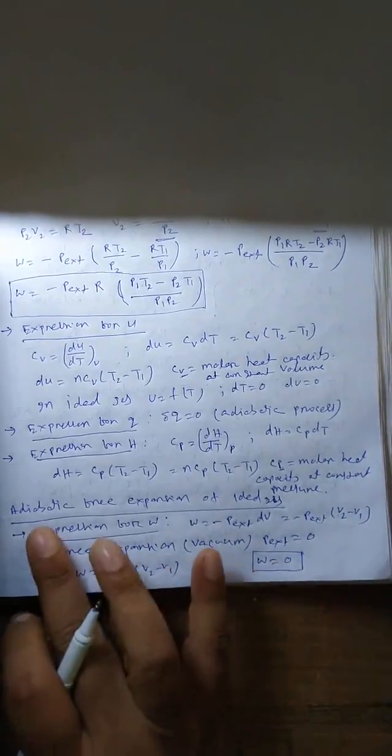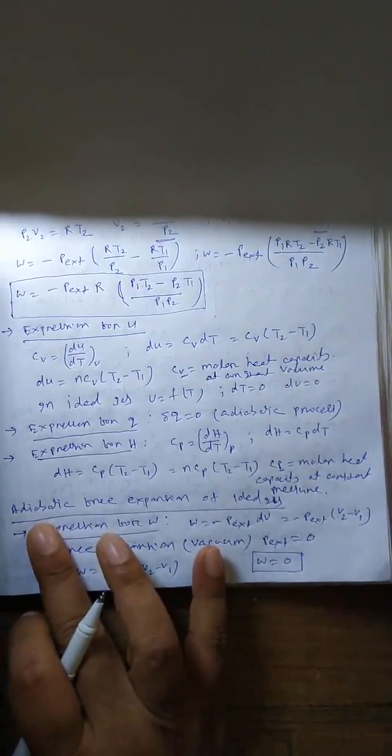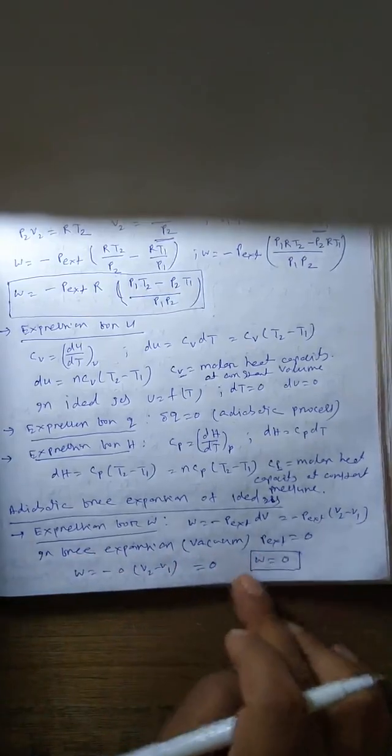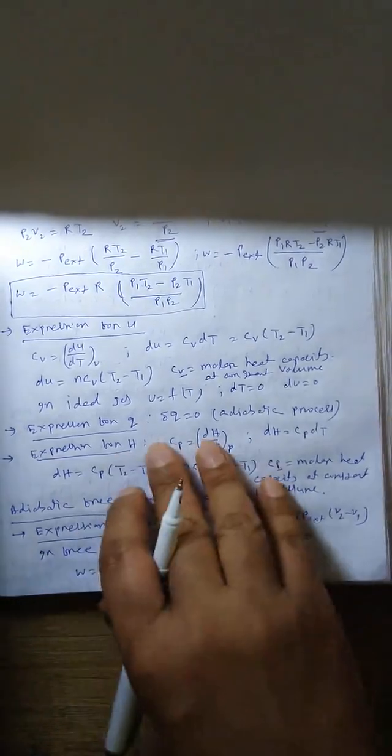The same thing happens in isothermal cases also. In isothermal cases also, with vacuum, external pressure 0, W is equal to 0 in free expansion.